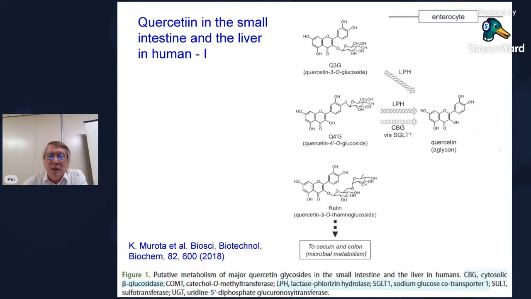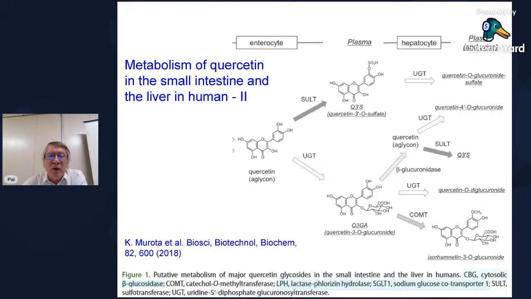Quercetin can get into the epithelial cells of the intestine by a very special functionality which is called sodium glucose transporter into these enterocytes. Okay, so in the enterocytes, the hydrolytic transformation occurs, and inside the enterocytes, the quercetin, now we are already familiar with the different metabolic transformations.